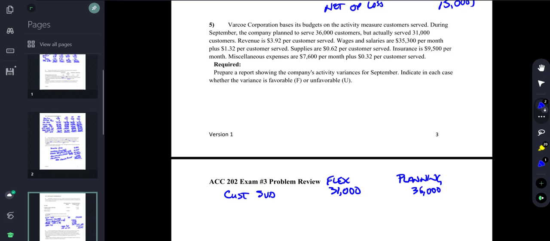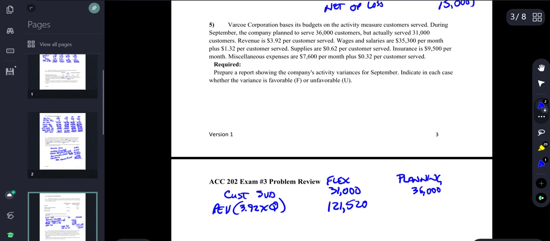So we're going to take our revenue, which is $3.92 times the customers, times the quantity. For flexible, that means we have revenue of 121,520.